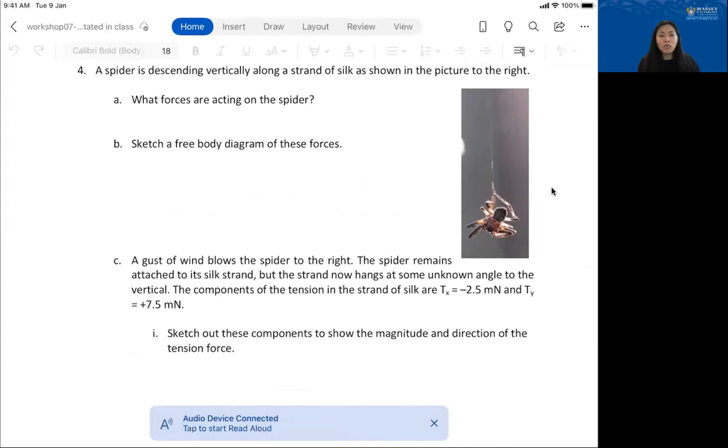So, go do the workshop questions, and then let's meet again at maybe 10. How much time do you want? Do you want to meet at 10:30, 10:40 or 10:30?